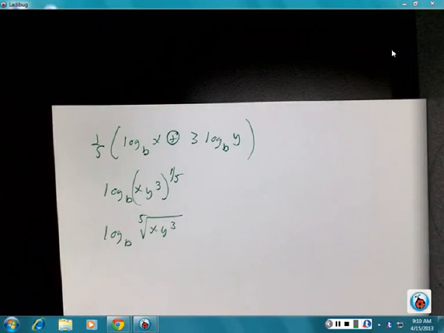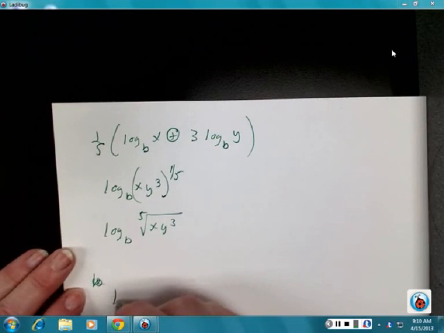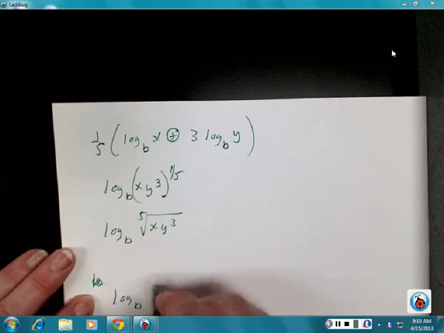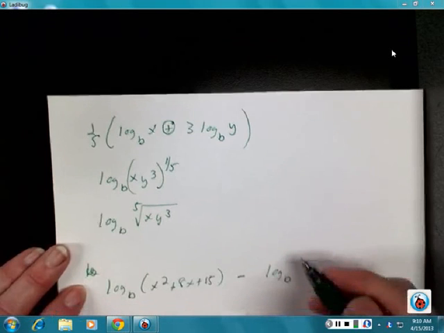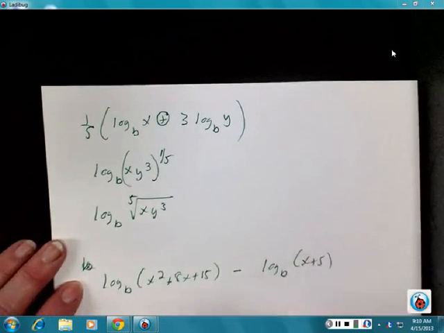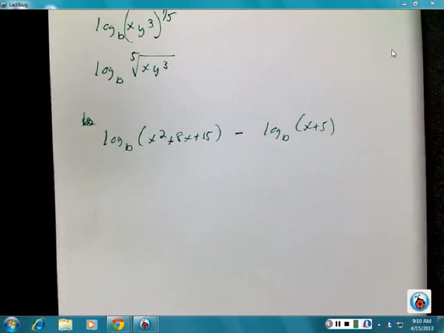How about this one? Log b, x squared plus 8x plus 15 minus log b x plus 5. So if I have this one in place, what happens?